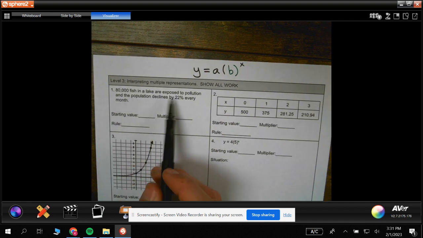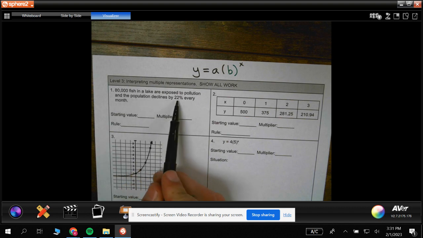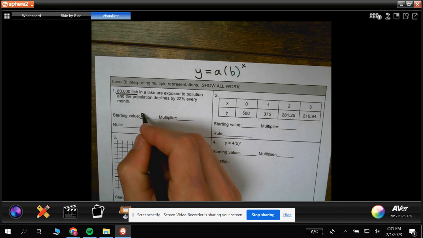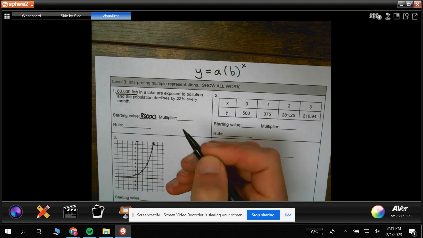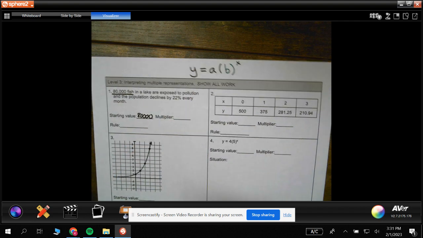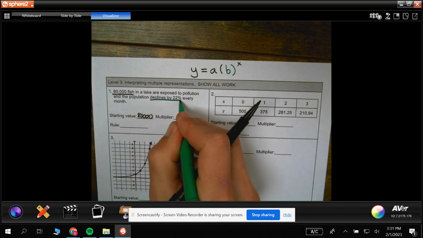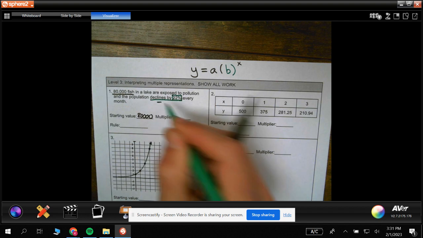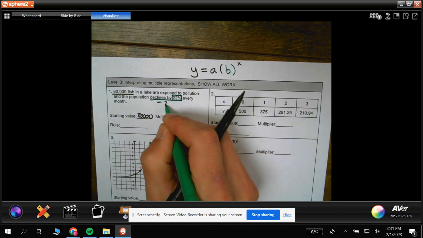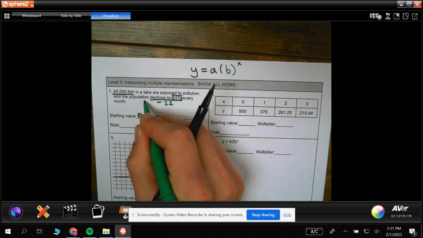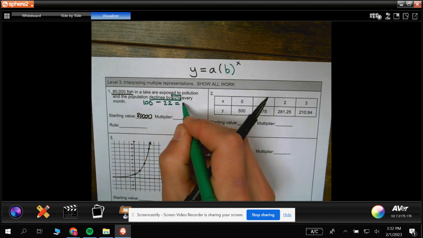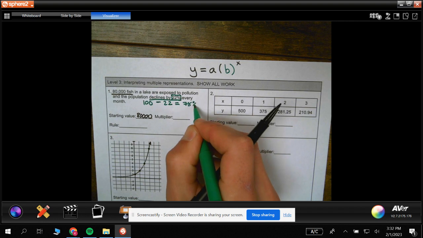Here, 80,000 fish in a lake are exposed to pollution. The population declines by 22% every month. So my starting value, I'm starting with 80,000 fish. My multiplier, now be careful here. It declines by 22%. As soon as I see 22%, decline means minus. So I'm going to decline by 22%. From what? From 100. So 100 minus 22 equals 78%.